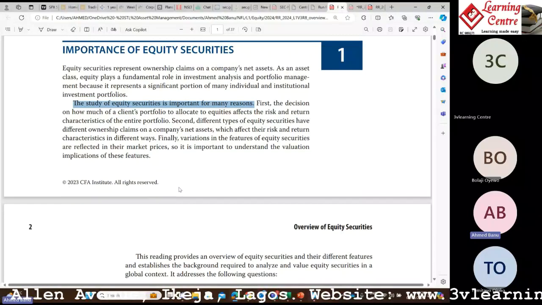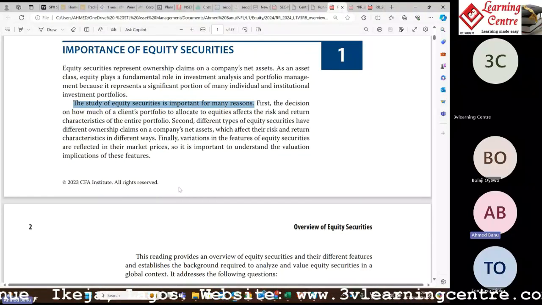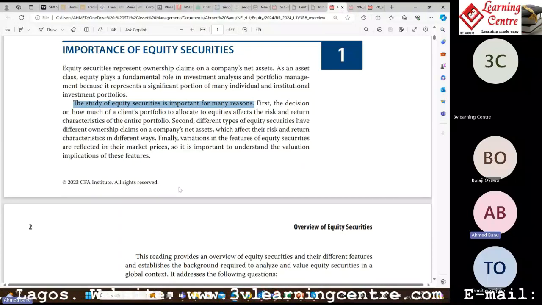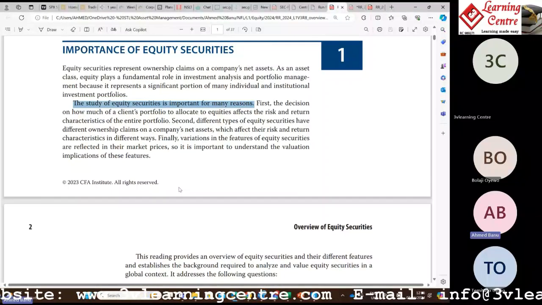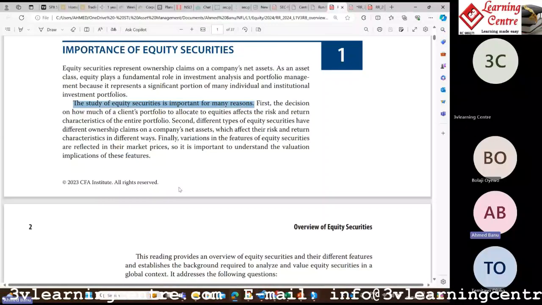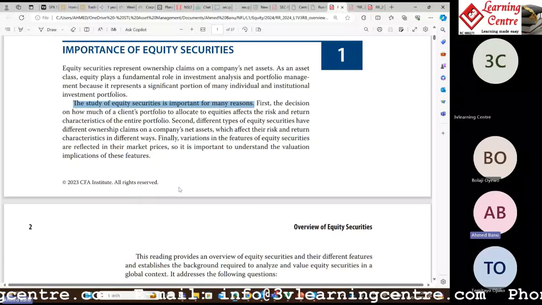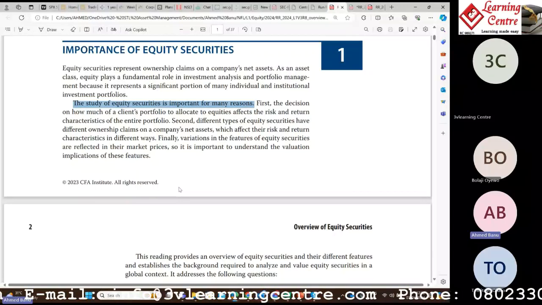We have been preaching portfolio management, and the whole essence of investing is creating a portfolio that is well diversified, that incorporates equities, bonds, and all that. You need to understand the characteristics of equity investment in terms of risk and return dynamics, and how that flows to the risk and return dynamics of your portfolio.